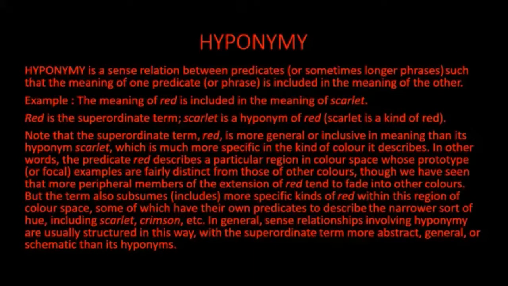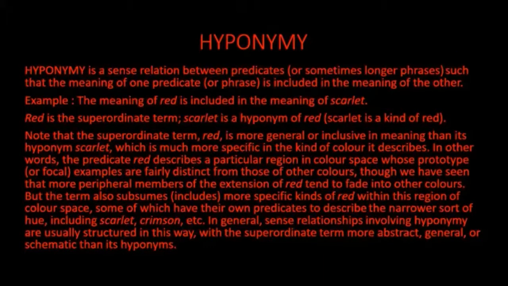Red is the superordinate term. Scarlet is a hyponym of red. Scarlet is a kind of red. Note that the superordinate term red is more general or inclusive in meaning than its hyponym scarlet, which is much more specific in the kind of color it describes.